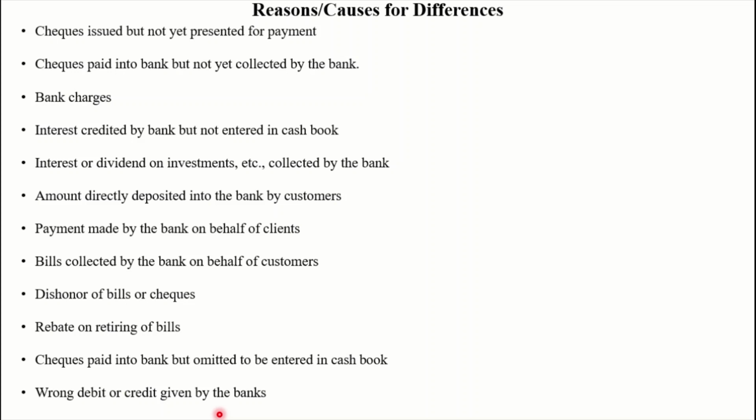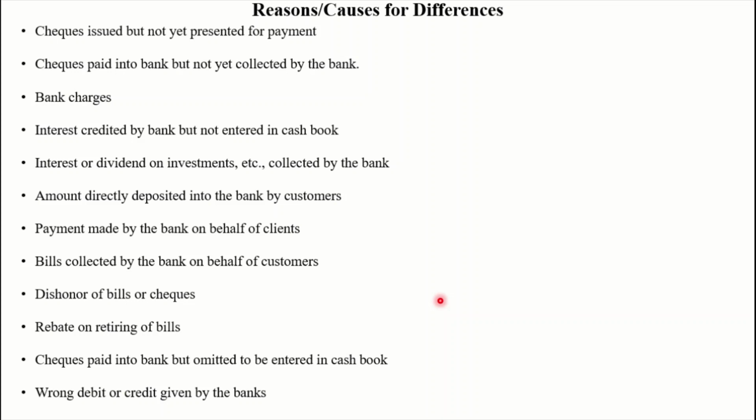These are the two conditions in which a wrong debit or credit is given by the bank. These are all the causes or reasons for the differences between the balances of the bank column of the cash book, which is maintained in the business, and the bank account of the business in the bank.